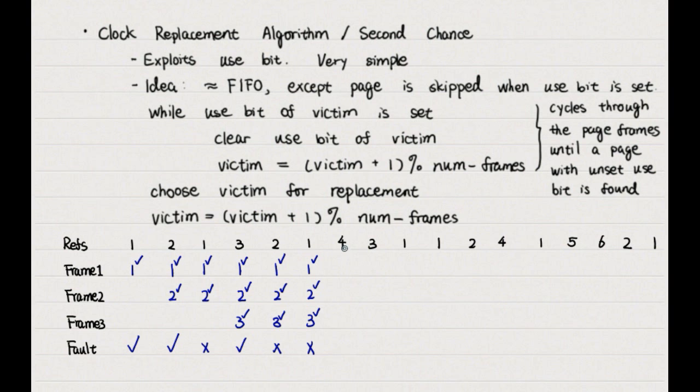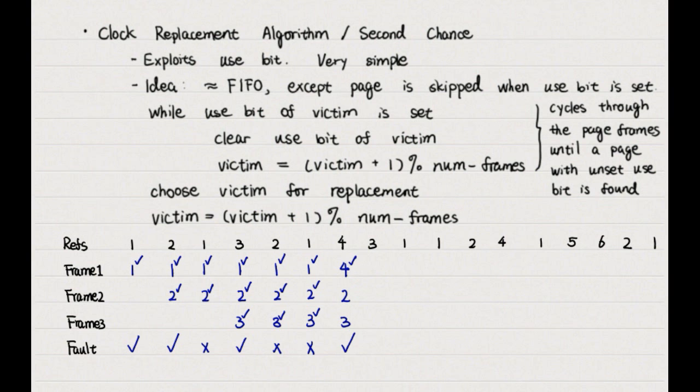Now we have 4, and 4 is not in memory. All use bits are set, so we use FIFO policy and look back. 1 has been the longest, so we replace 1 with 4. And clear the use bits of 2 and 3.